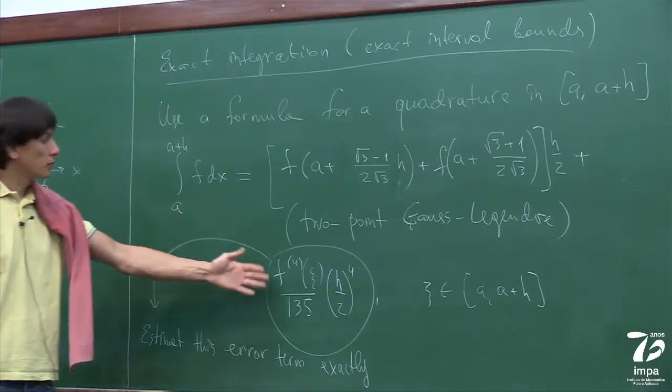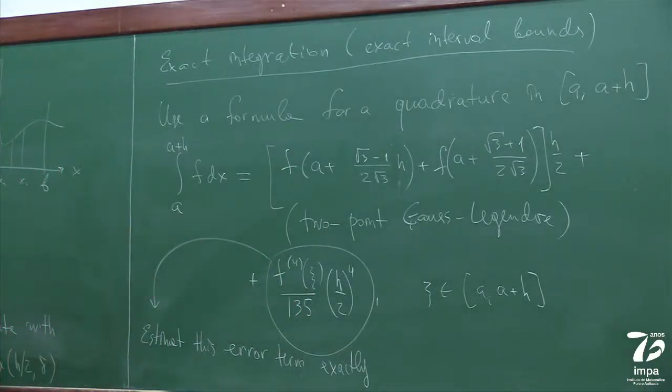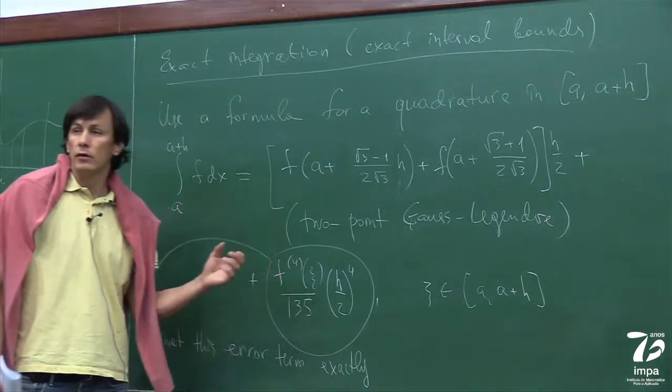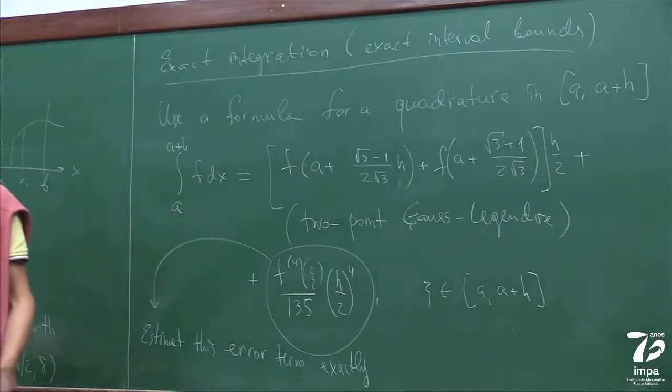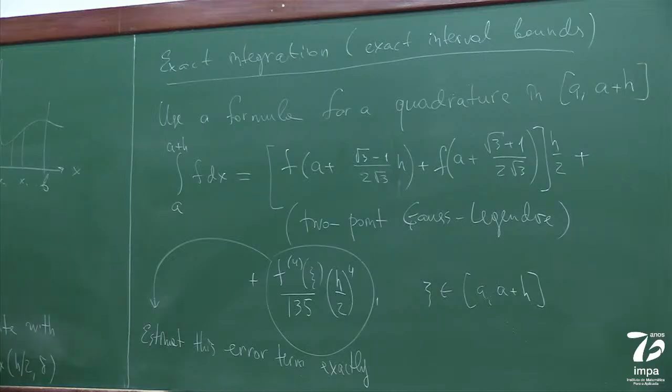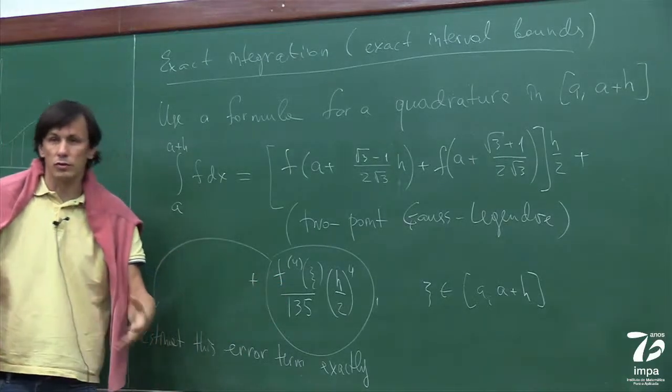you need to have some information about the function, of course, and how it varies. But usually, for many functions, if you take the interval h small enough, you can guarantee certain limitations for the variation of the function, and then you can guarantee that, for example, the fourth derivative does not change more than a certain quantity.